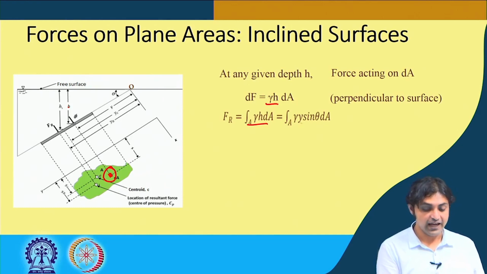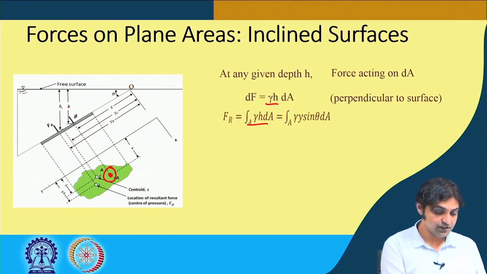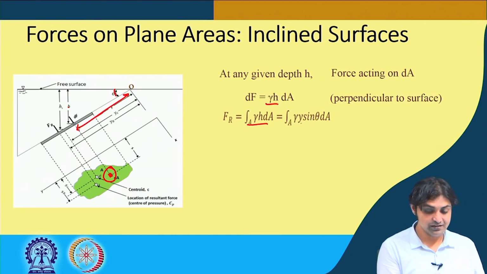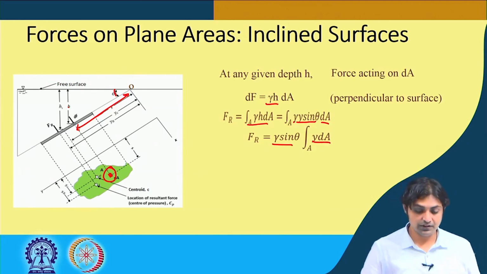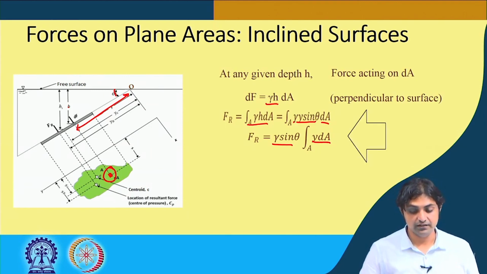Writing h in terms of y, h is y sin theta. So FR can be written as gamma sin theta, which can come out, times the integral of y dA.